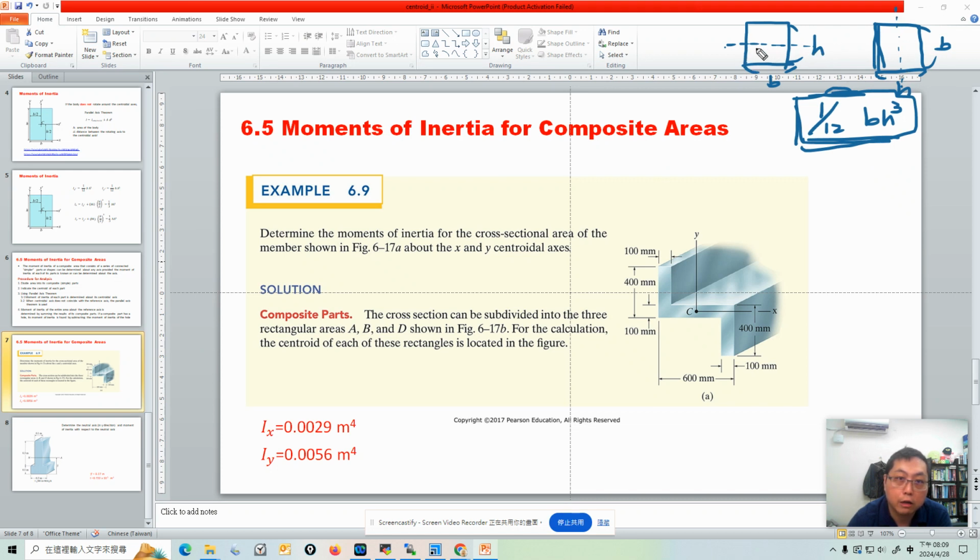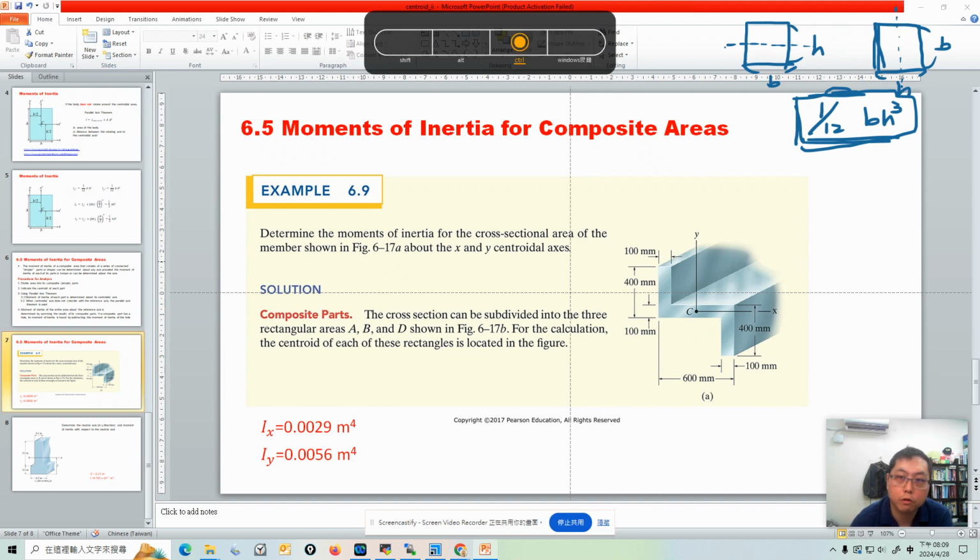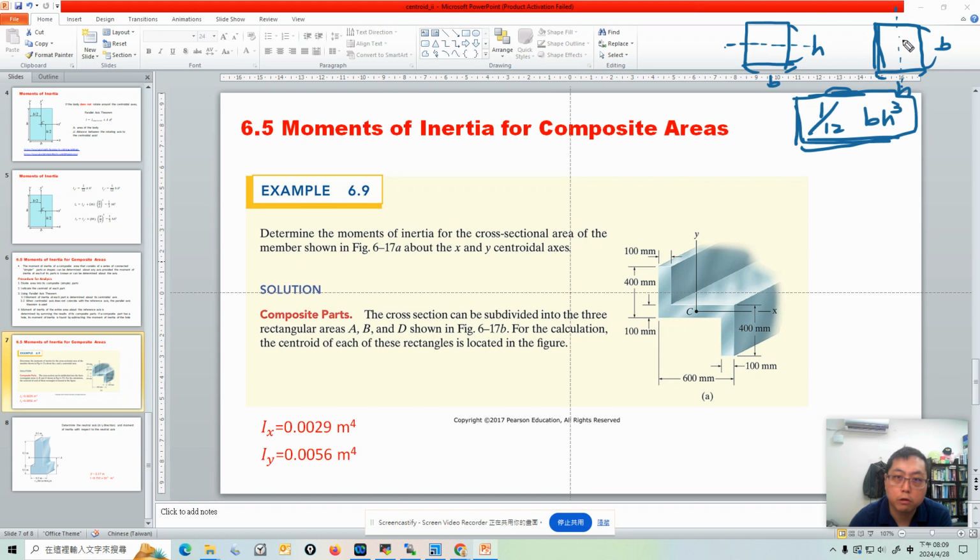If the rotational axis is horizontal, this is your base and this is your height. If the rotational axis is vertical, this is your B and this is your height. So it's different. Be careful.